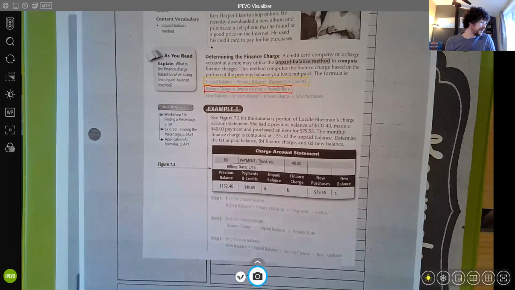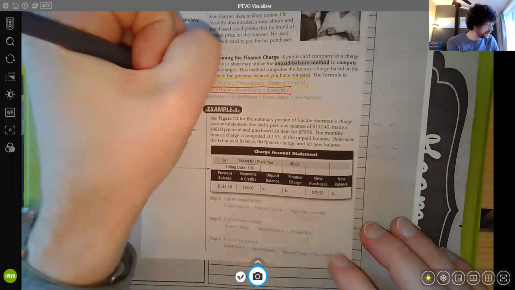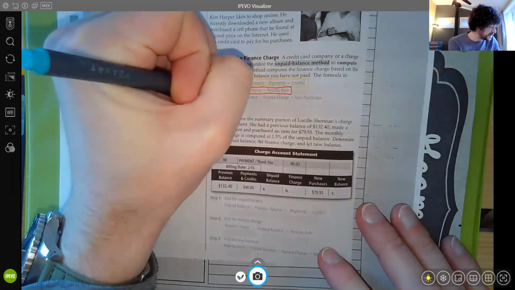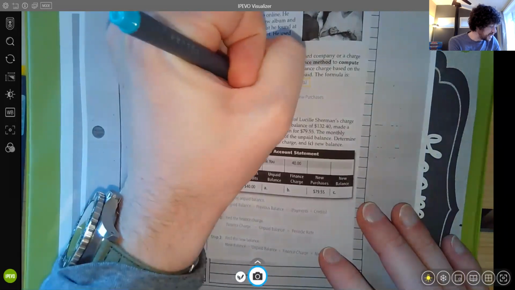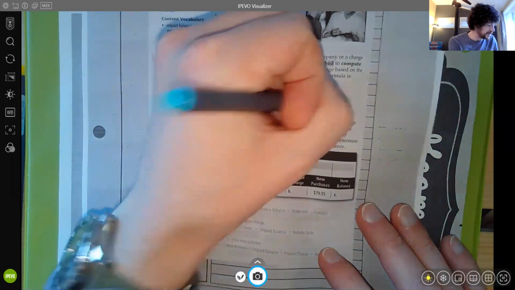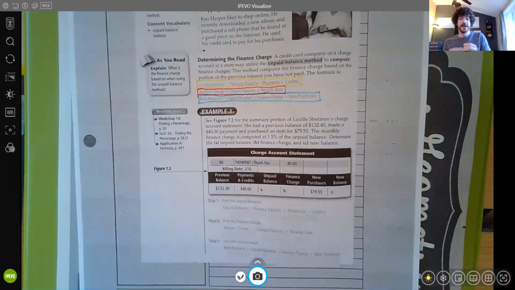And then from those two calculations, you can then figure out your new balance, which is exactly kind of what we did yesterday. We calculated the new balance. And the new balance right here, slightly different formula than what we used yesterday, but very similar.